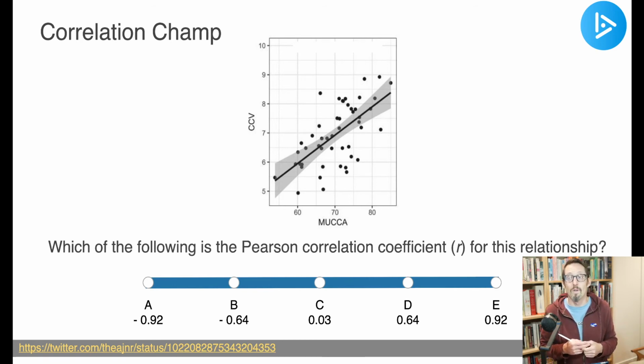Which way around is it? Well, a 1 means it's tight, tight, tight on the line. And a 0 means it's a blob. We don't have either of those. So the answer is that we are going to be on one of the 0.64s. Now, is it a positive slope or a negative slope?